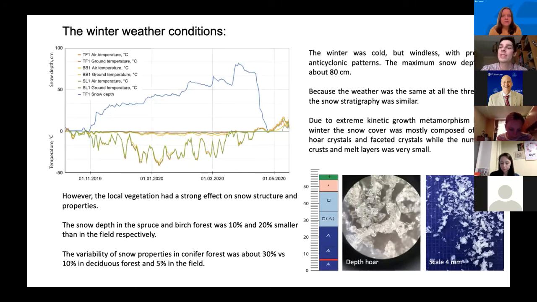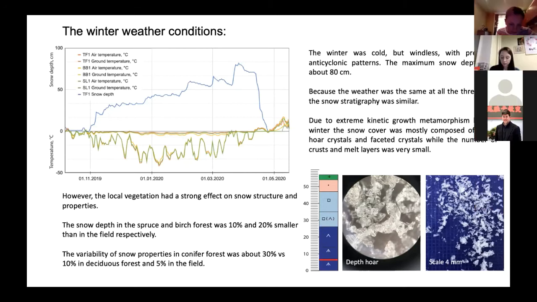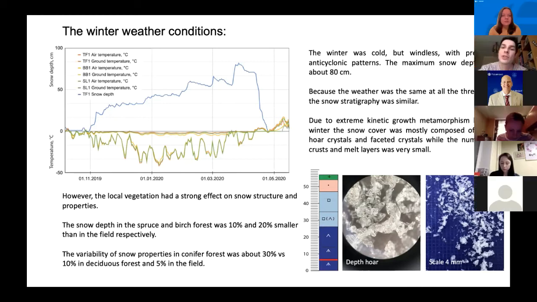Because the weather was the same at all 3 sites we selected in autumn, the snow stratigraphy was pretty similar. Due to kinetic growth metamorphism, by midwinter the snow cover was mostly composed of extreme depth hoar and facet crystals, while the number of crusts and melt layers was very small due to the limited number of winter thaws.